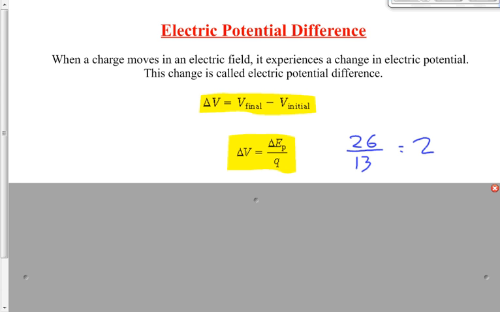We all ended with $3. We all had a potential difference of $2. Or we can look at it as total, we lost $26. And there's 13 of us. We still have a potential difference of 2. So either way you look at it, we end up with the same number there.